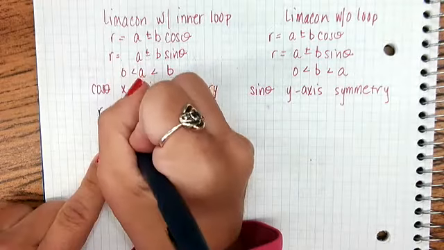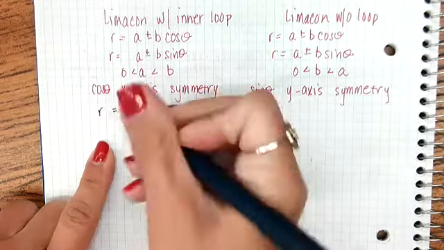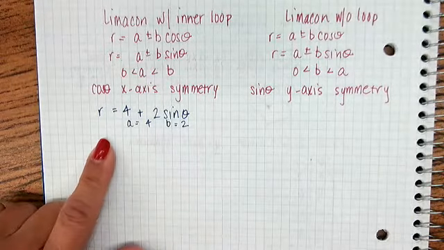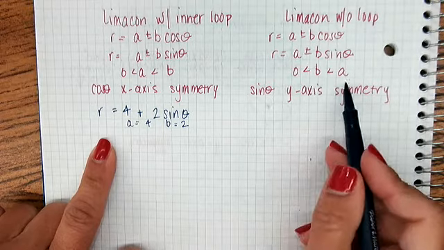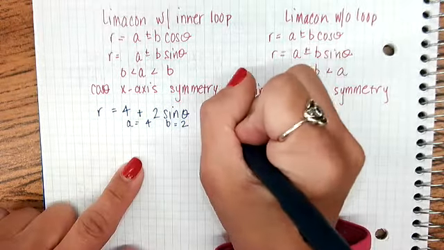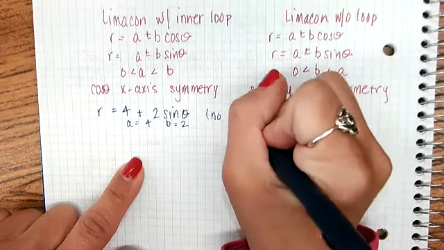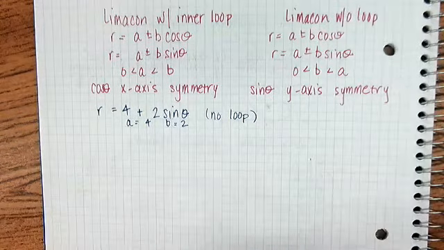So a is 4, b is 2. You don't have to label it. Sometimes I do. So in this case, b is less than a. So this is going to be no loop.